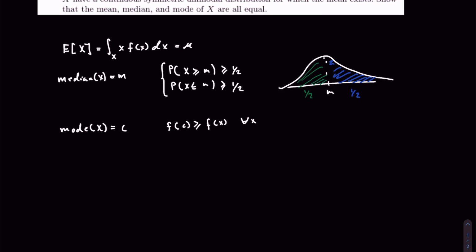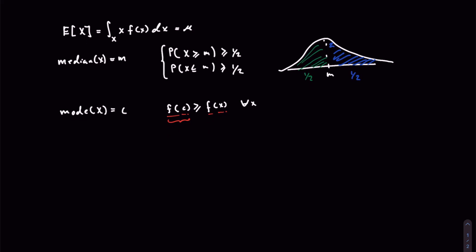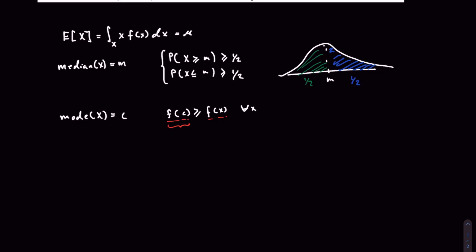And this basically has the meaning that the density of the mode is at least as large as all other densities of x. So it takes up at least as much density as x for each x, or more of it. So it's the typical value basically of that random variable.